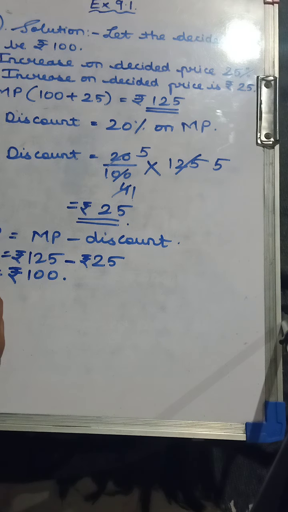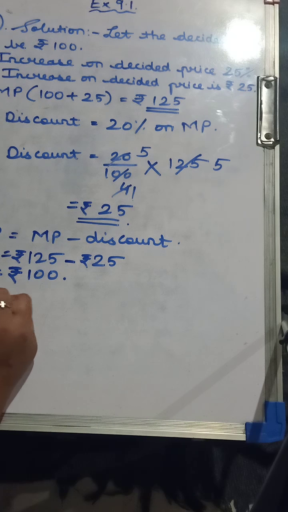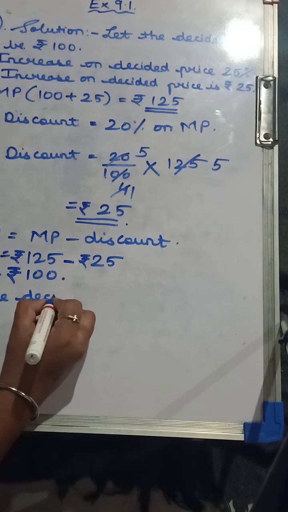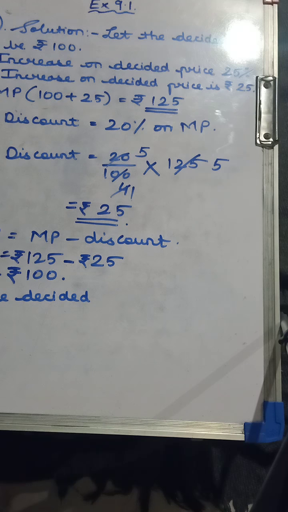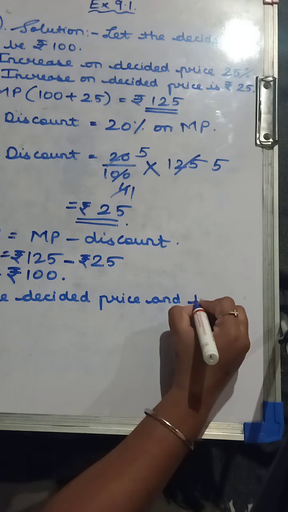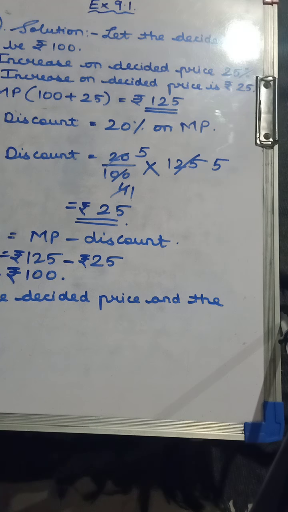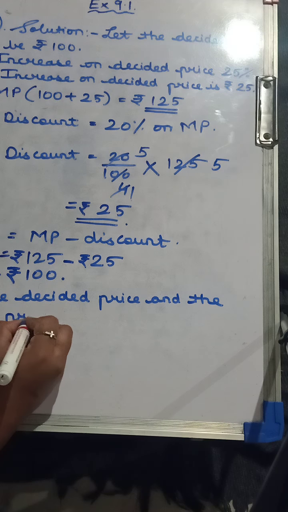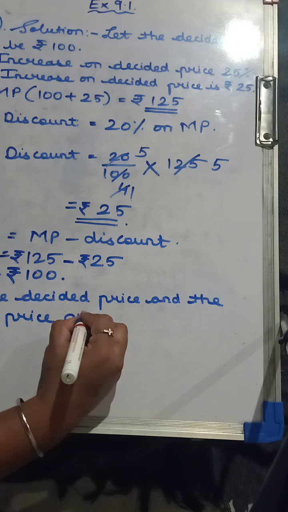So here you can write the statement: the decided price and the selling price are the same.